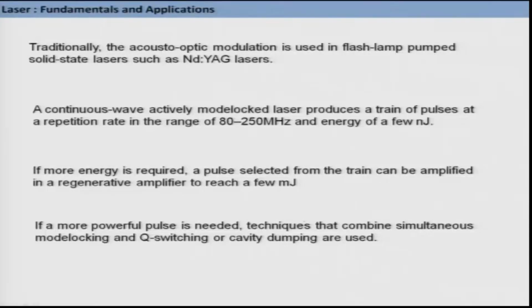Now, traditionally the acoustic modulation is used in flash lamp pumped solid state lasers such as Nd:YAG lasers. Any continuous wave laser can be actively mode locked, and that can produce pulses having energy of a few nanojoules, and it may have a repetition rate of say 100 to 250 megahertz at max.